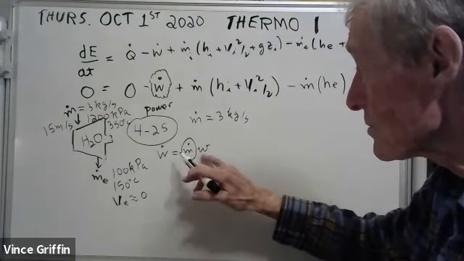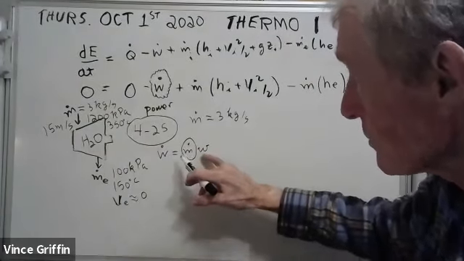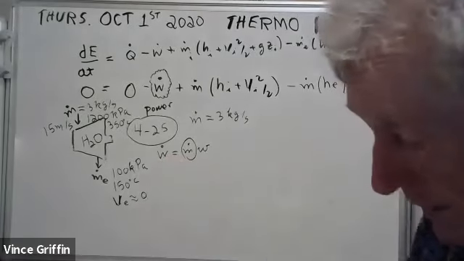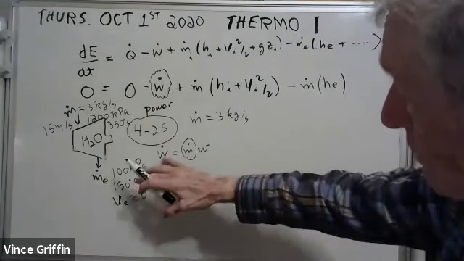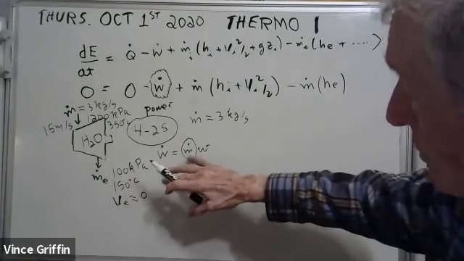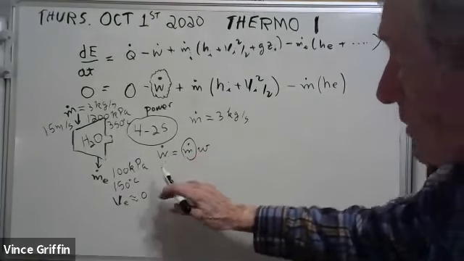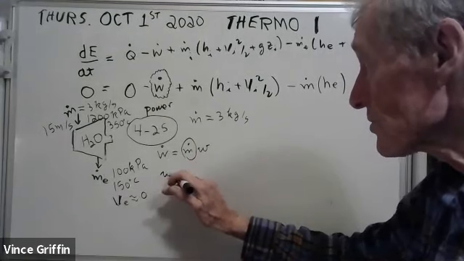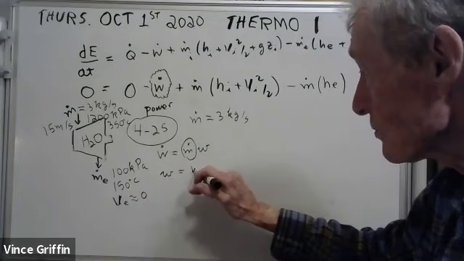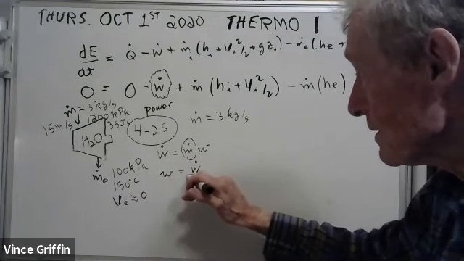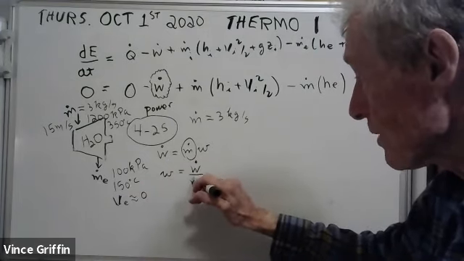They want us to find little w. Actually, I think we're going to find big W dot, and then knowing m dot, we can get little w, because this is called specific work, or work per mass. It's equal to your power divided by your mass flow rate.